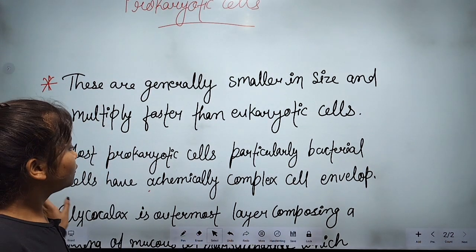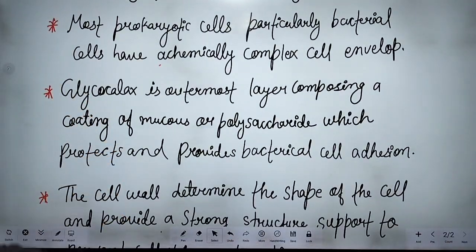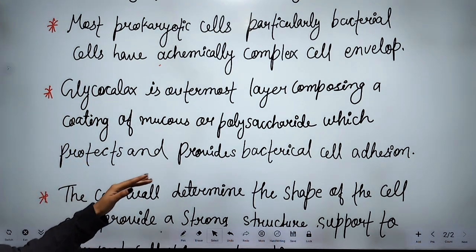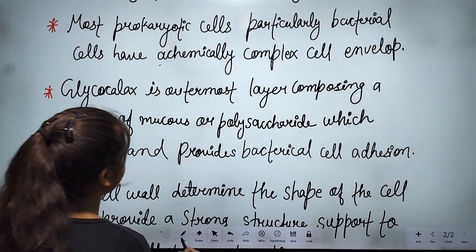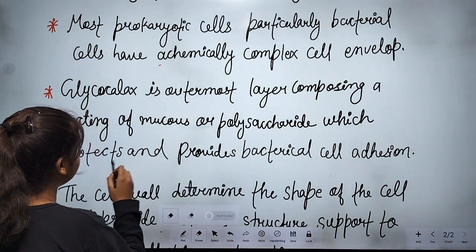The glycocalyx is the outermost layer, composed of a coating of mucus and polysaccharides, which protects and provides bacterial cell adhesion, that is, to stick.